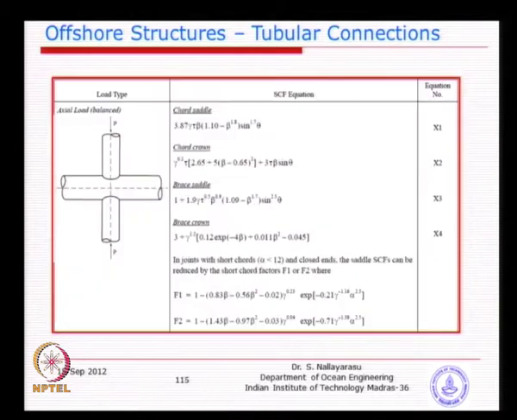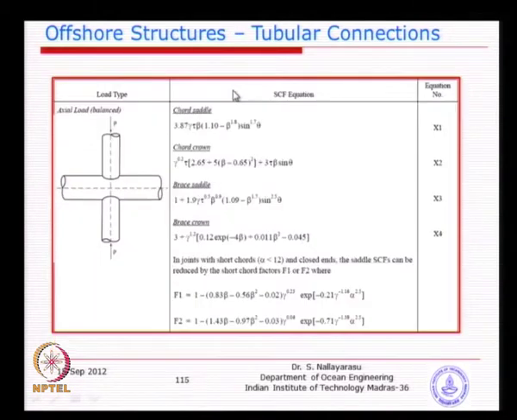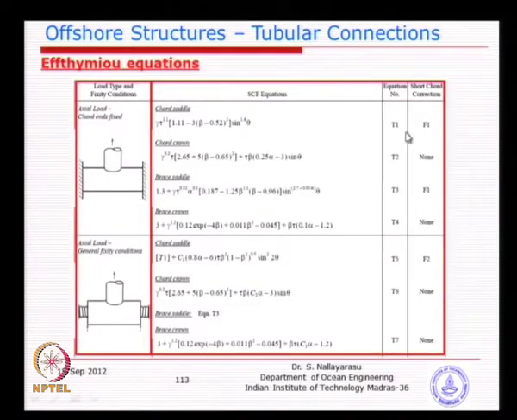If you go further down, you have axially loaded balanced X joints and similar equations for in plane bending and out of plane bending. Of course, sometimes you will see the equations are just repeated, that is why the numbers were given. The purpose for which the numbers are given in this order is that there will be duplicated use.